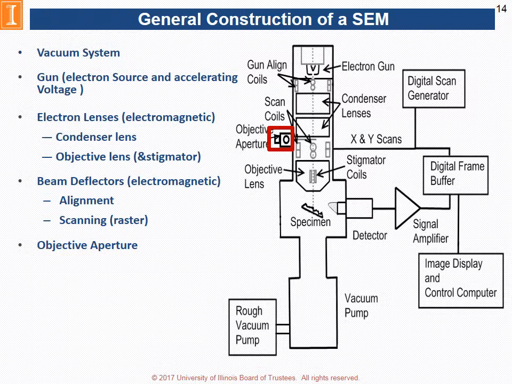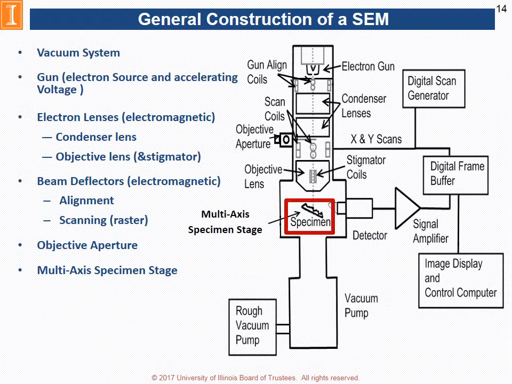Objective aperture is to further demagnify the beam by blocking away the stray electrons and high-angle electrons. The specimen stage usually can move along 5 axes: x, y in plane, and z the height, tilt, and rotation.